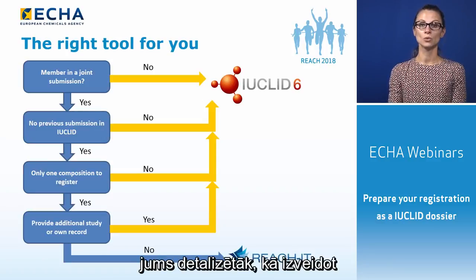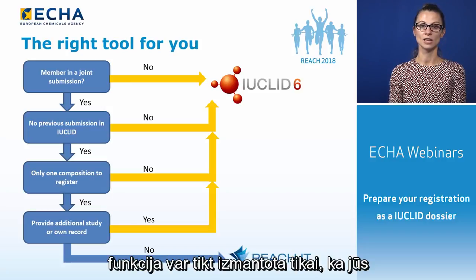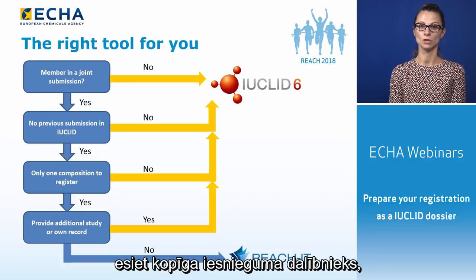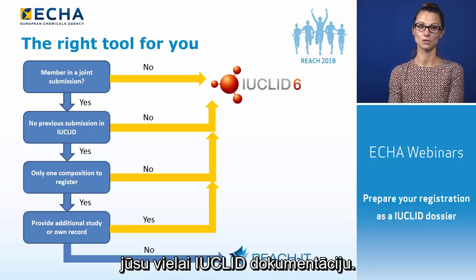Before I present you more details about how to create your dossier directly in ReachIT, I would like to highlight that such a functionality can only be used if you are a member of a joint submission and if you have not yet successfully submitted a Euclid dossier for your substance.